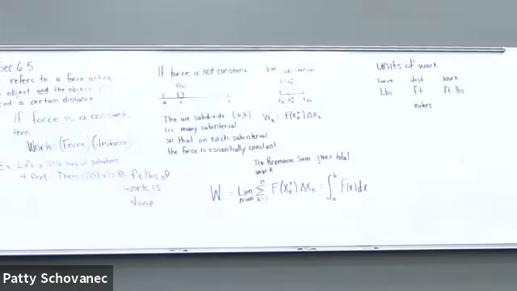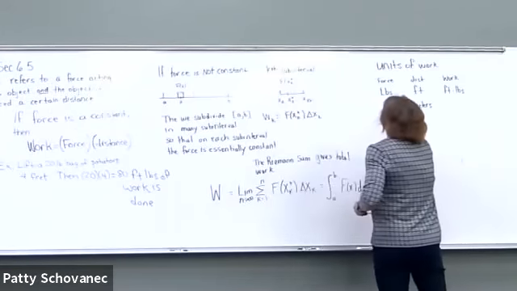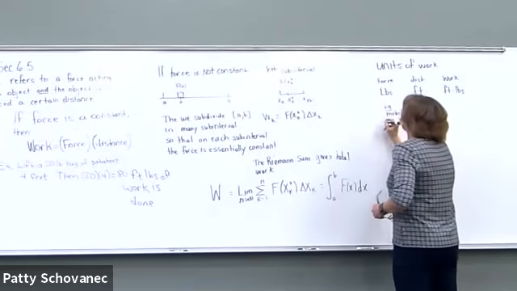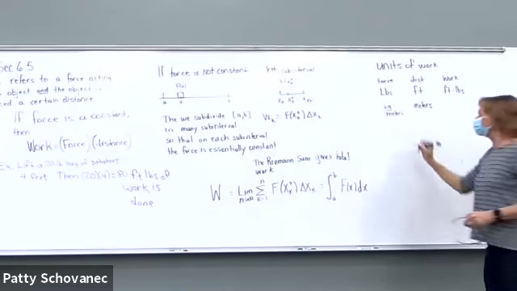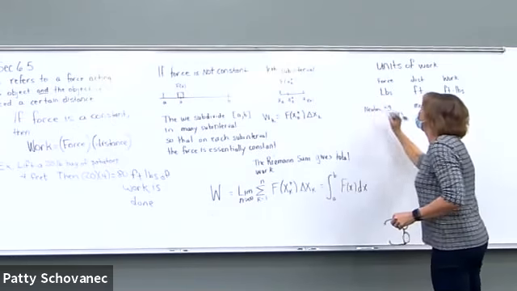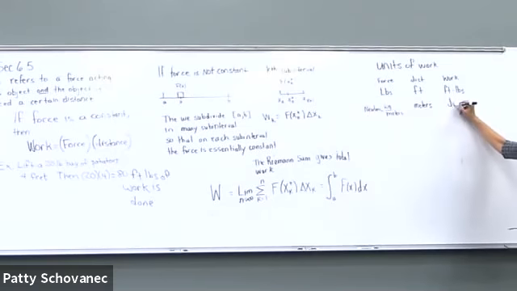Yeah, newtons. Kilogram meters are newtons. No, newton is force, kilogram is mass. Right, I'm going to point that out too. And so a newton meter is called a joule.